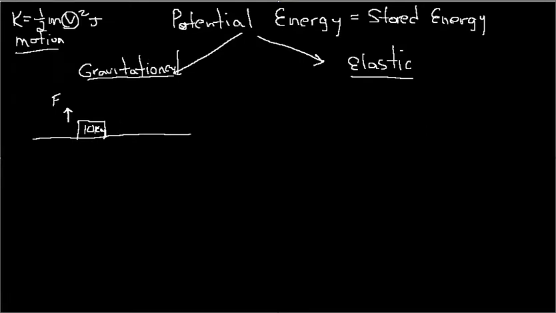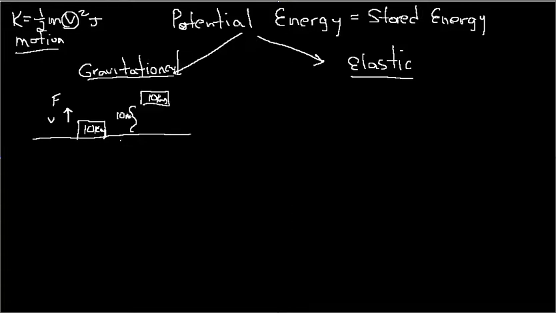Object's going to move at a constant velocity upward to a height of 10 meters. So here's my 10 kilogram object now. So I raised it up a total height of 10 meters.